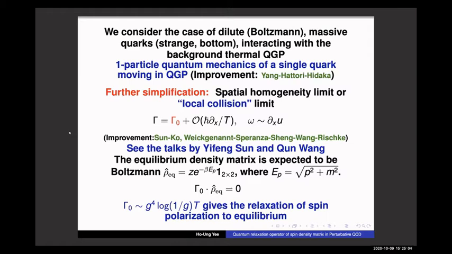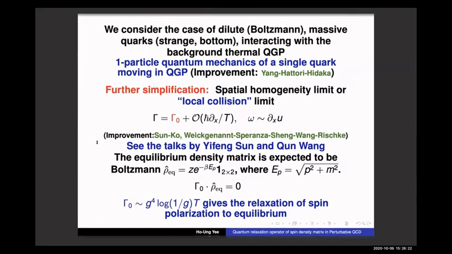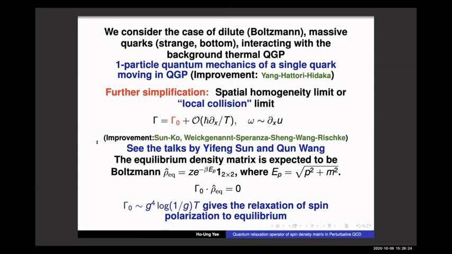And I should also mention that there have been important improvements on this approximation by Sun, Ko, Chun, Dirk and the other collaborators. So please refer to the talks of Sun and Wang on this improvement.